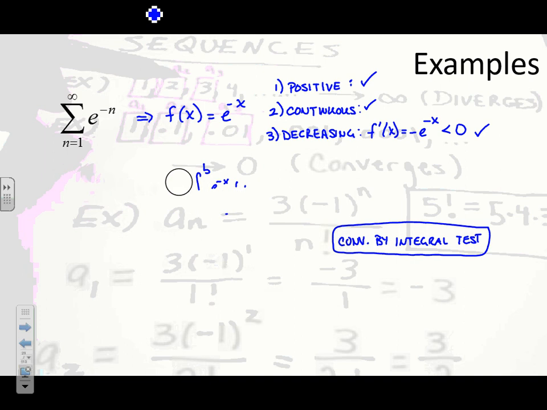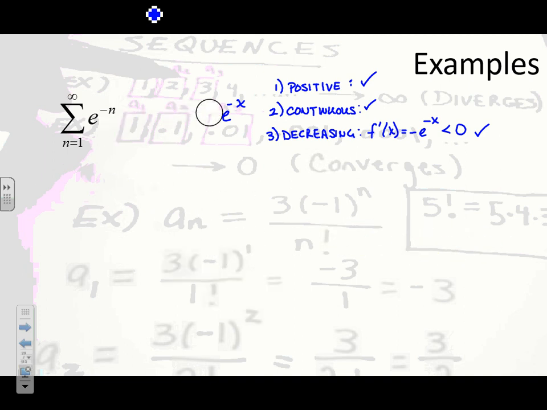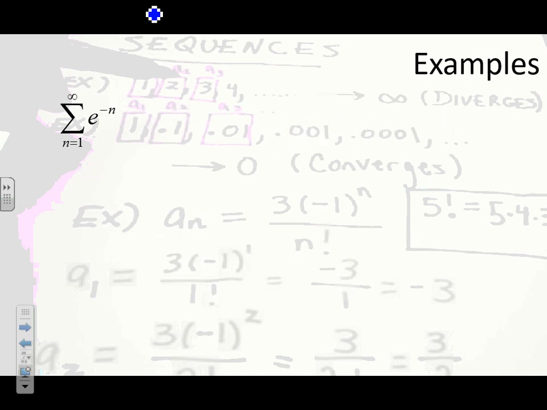So would this be the second test you use after the first? It really just depends on what sequence is inside your series. As you continue to see more tests and more problems, you'll start to see patterns. You'll see, okay, this is my sequence, this looks like this, so I'm going to try that test.